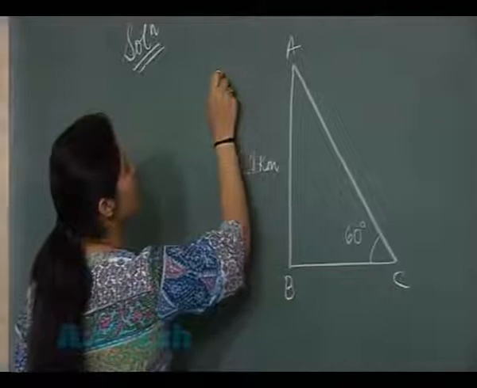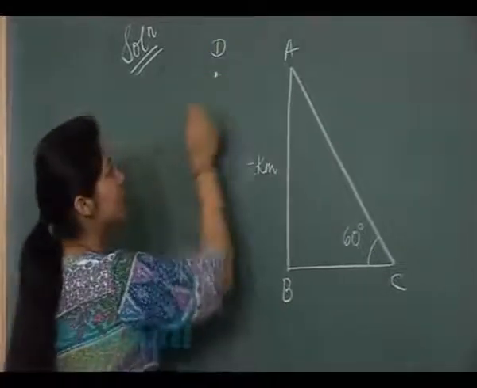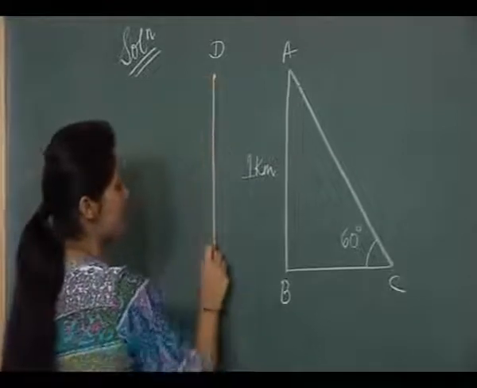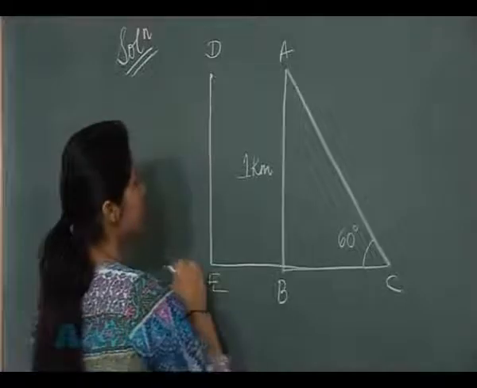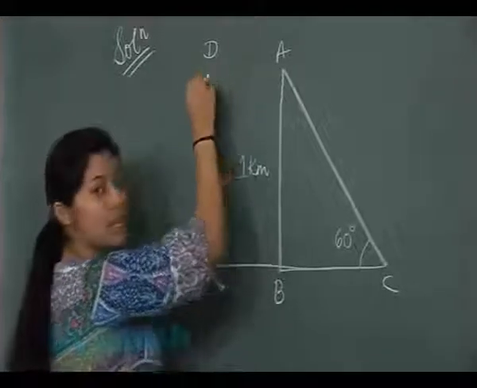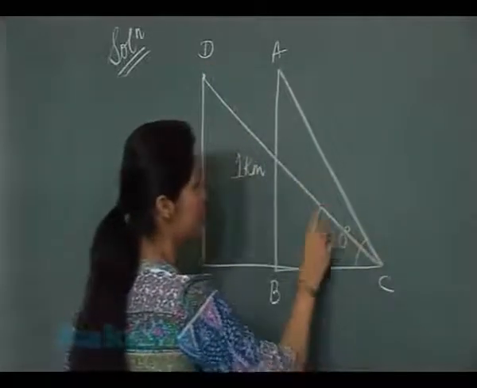So let us suppose that after 10 seconds the aeroplane is at point D. So let us mark this distance as D, E. Now when the aeroplane is at point D, its elevation is observed to be 30 degree.